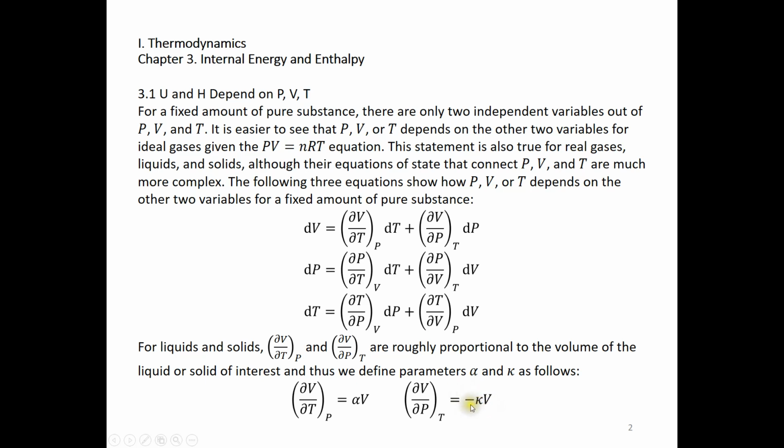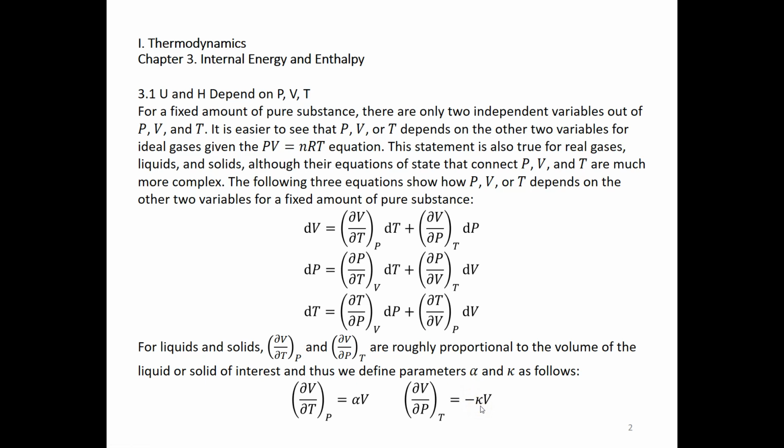Why do we need a negative sign here? It's just because when a liquid or solid undergoes a higher pressure, its volume decreases. So on the left hand side, we have (∂V/∂P) under constant temperature, and it's always negative. So by having this negative sign here, we can ensure the value of kappa is always positive.